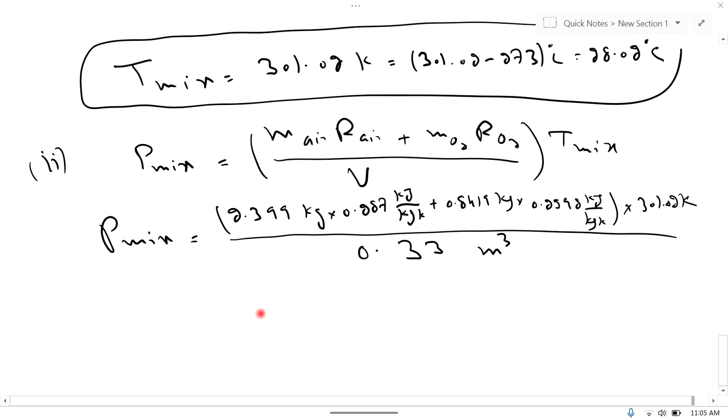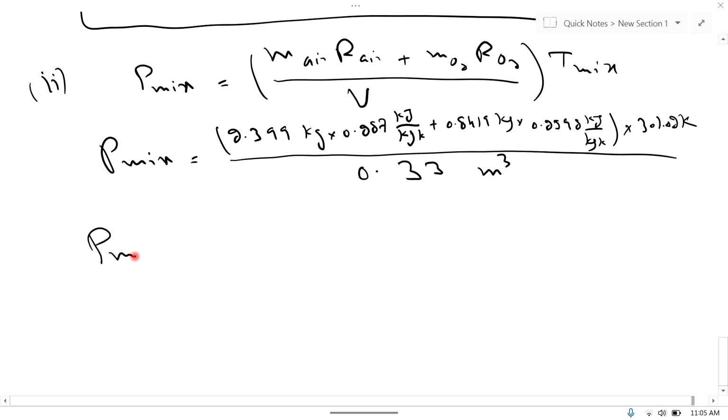Now simplify this value. So pressure of the mixture is equal to, here kilogram will be cancelled with kilogram.